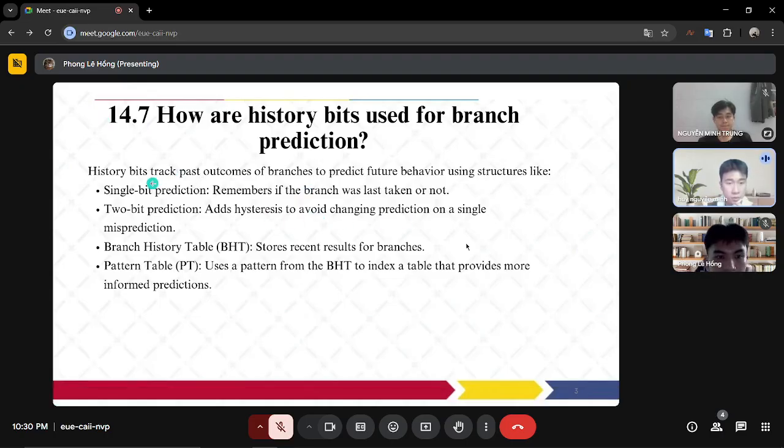Branch history table: stores recent results of the branch. Pattern table: uses a pattern from the BHT to index a table that provides more information for prediction.